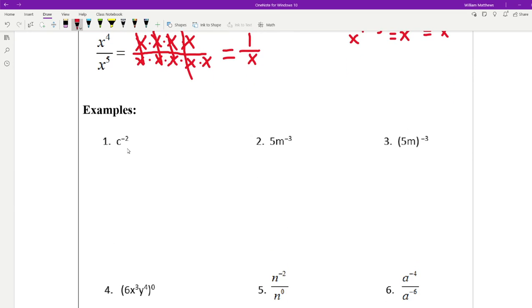C to the power of negative 2 is just a negative exponent, which means I can simplify it by doing the multiplicative inverse and taking my negative value and turning it positive. So the simplified version of c to the negative 2 power is 1 over c to the power of 2.